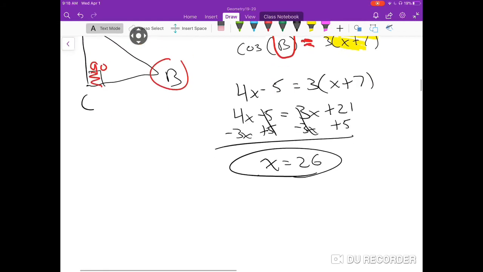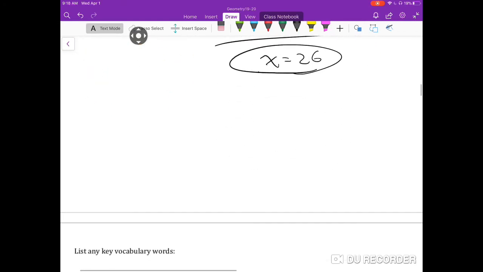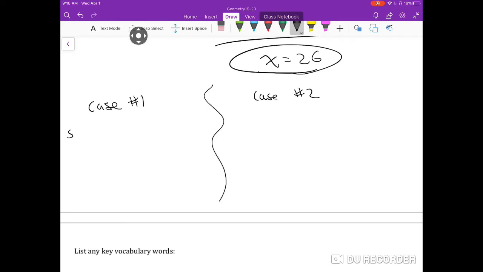So, quick notes here. For cofunctions only, okay? If you have sine of x, let's say, equals cosine of y, and you're trying to solve for what's in here, you're going to do x plus y equals 90.